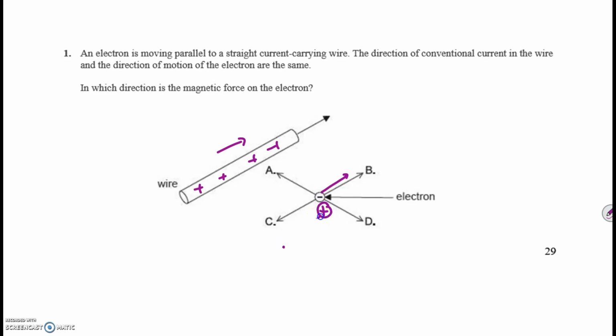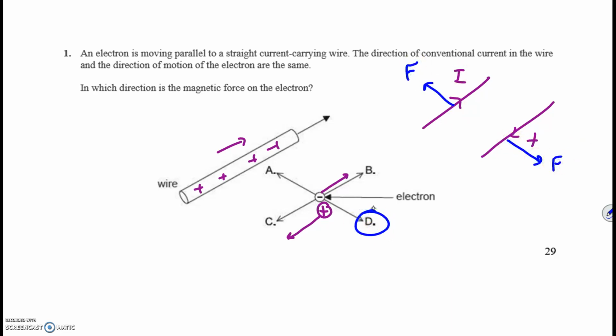If you want to pretend that this negative electron is positive, you would just need it to flow in the opposite direction. Whenever we have positive current flowing in opposite directions, we've learned that there's a repulsive force between the two wires. And so that's another way to get to the answer of D.